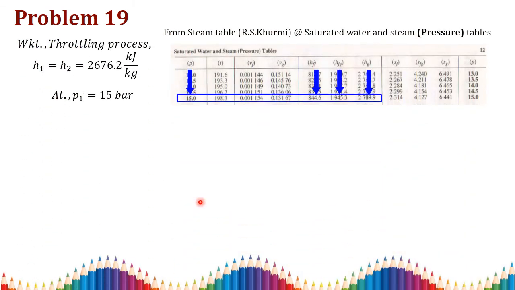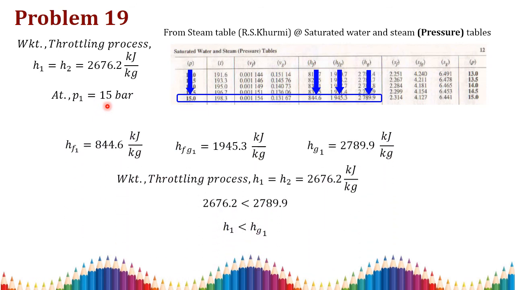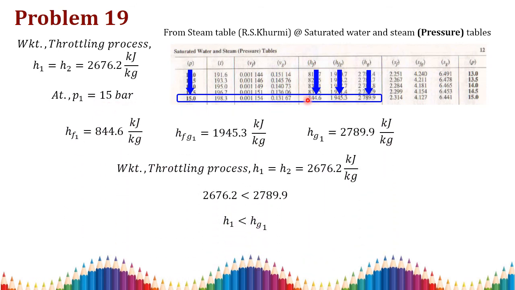Since it is a throttling process, we know that H1 is equal to H2, and you also have to take the values from your table. At pressure P1 is equal to 15 bar, we have to take out the Hf, Hfg and Hg values, because before you use these values, you have to check the condition.